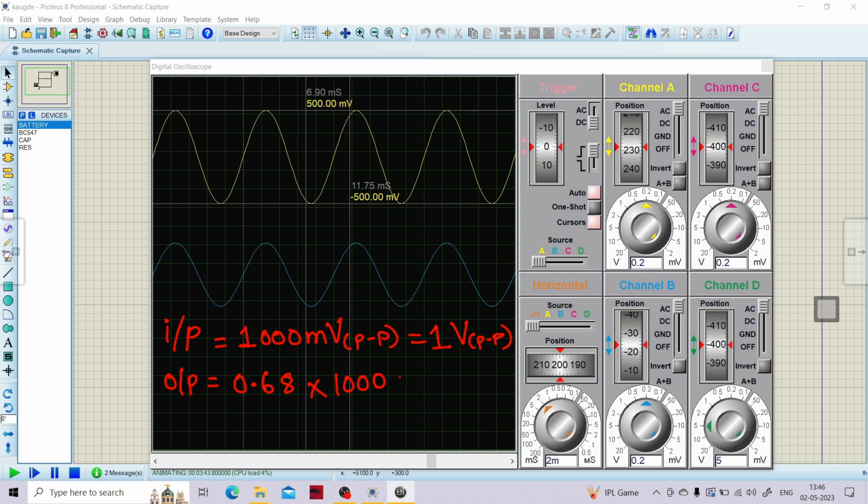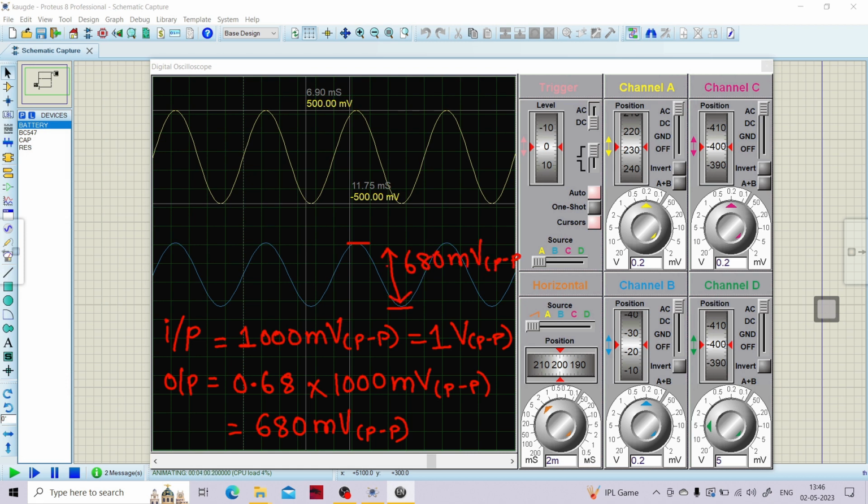My input is 1000 millivolts peak to peak, so it would be around 680 millivolts peak to peak signal. That means the entire signal from here to here should be around 680 millivolts peak to peak.